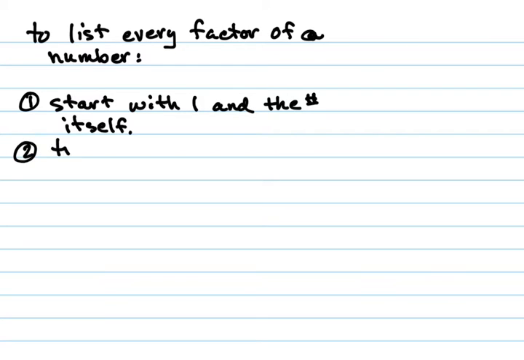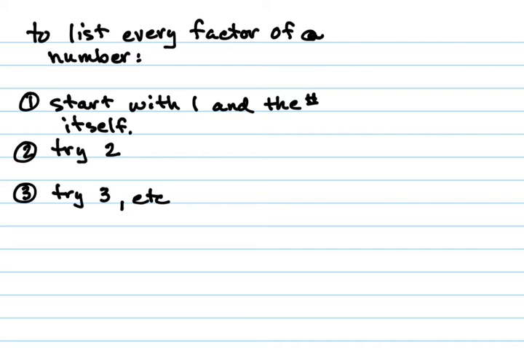Second, try 2. See if 2 will go into it. Now, we know that 2 will only divide into what kinds of numbers? Even numbers. There you go. Okay, perfect. Then, try 3, etc. What I'm trying to get you to see here is that I'm trying numbers in numerical order.